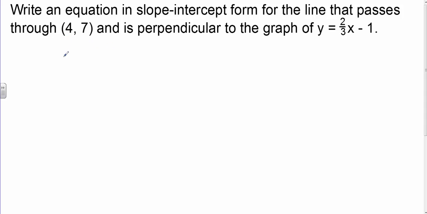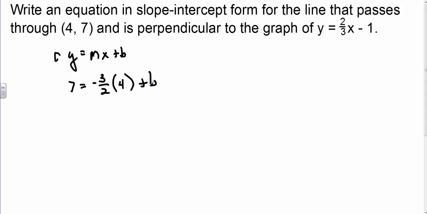So we've got y equals mx plus b. The y is 7. The m is the negative reciprocal of 2/3, which would be negative 3/2. The x coordinate is 4 plus b. That gives us 7 equals 4 divided by 2 is 2 times 3 is negative 6 plus b.